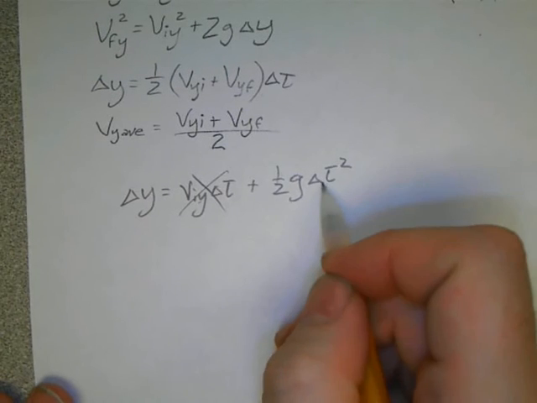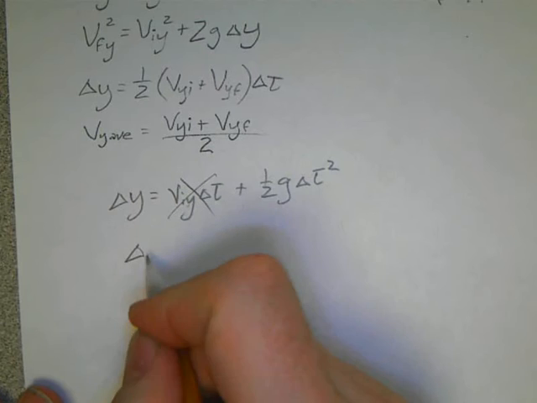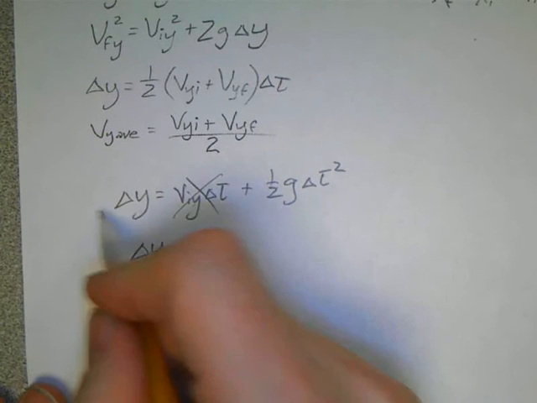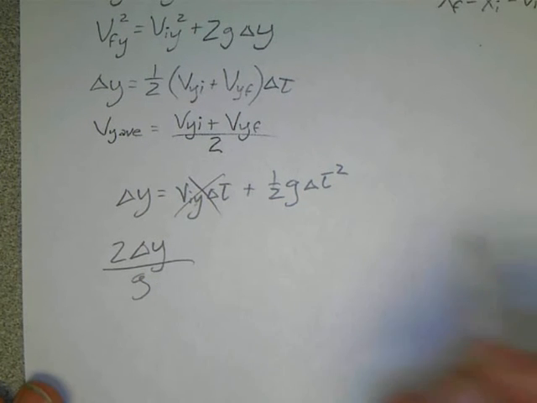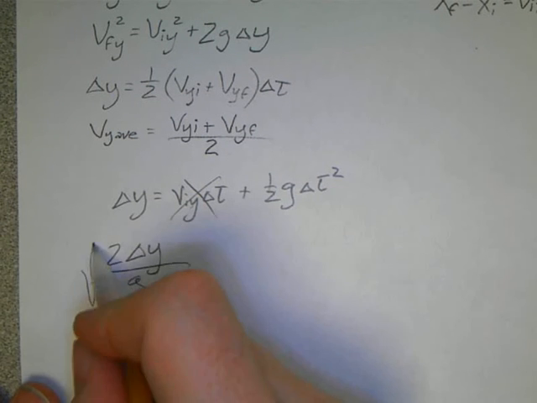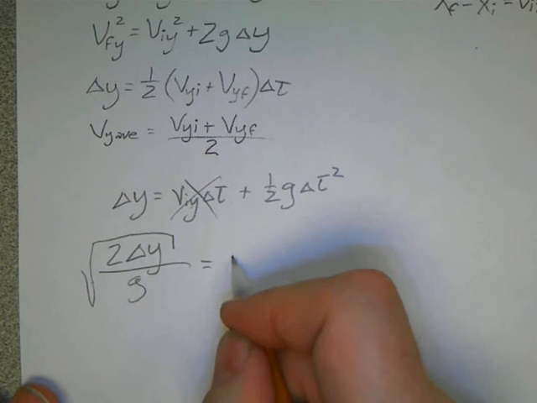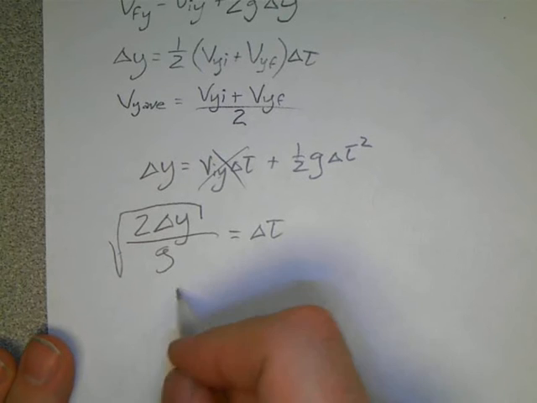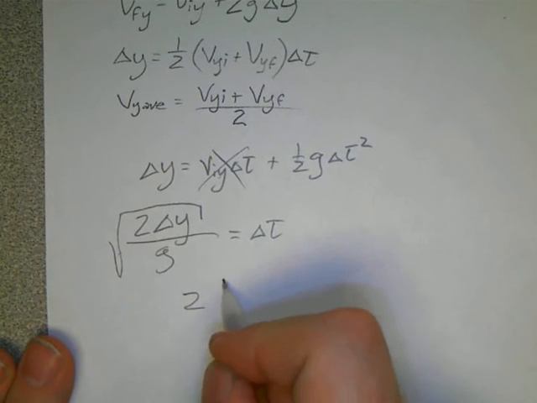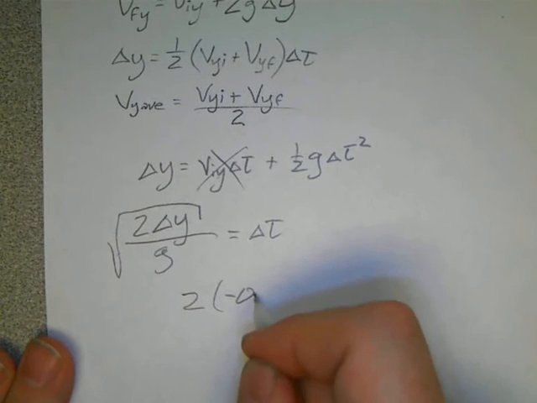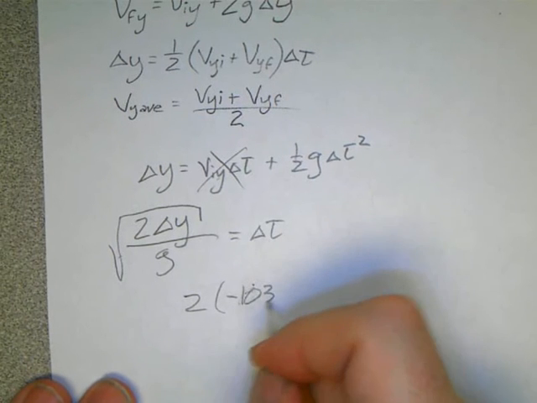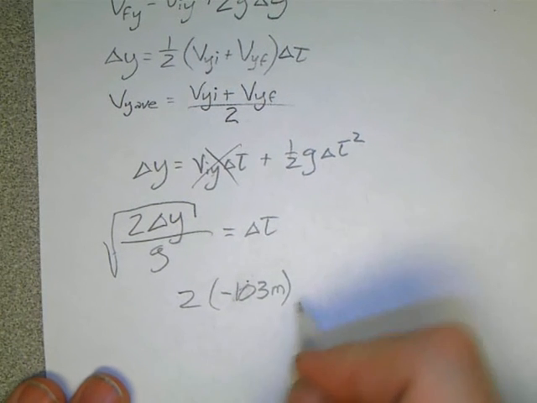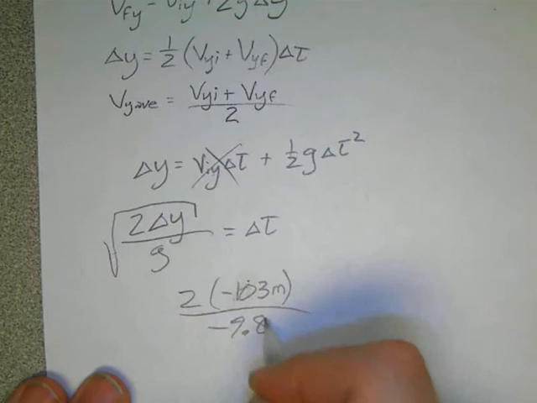So I'm going to solve for delta t. It becomes delta y, multiply both sides by 2, divide by g, and then I have to get rid of that square, so square root. And that's equal to the amount of time. Plug in 2, change in position vertical is negative 103, divided by a negative 9.8, square root.